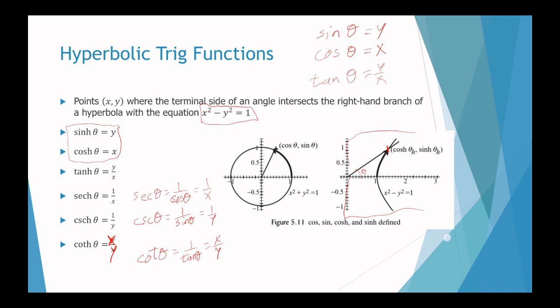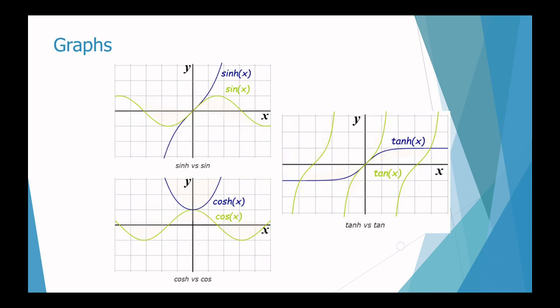We also have some of the graphs. You'll see how the graphs look. So sine of x is this one. This is our regular trig function. And sinh of x is just doing that. It's more like a cubic function. And before, tangent of x was like this, right?